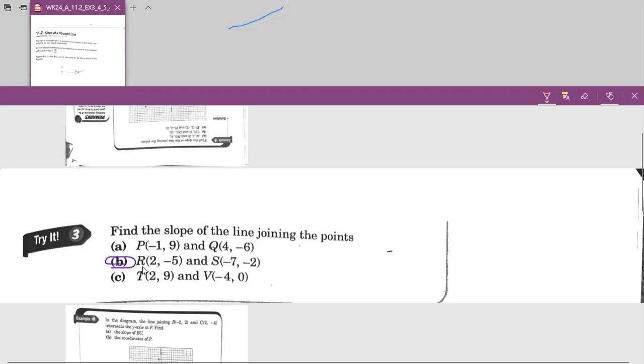For the slope of RS, first of all, we want to review what is the formula. It's y2 minus y1 over x2 minus x1.